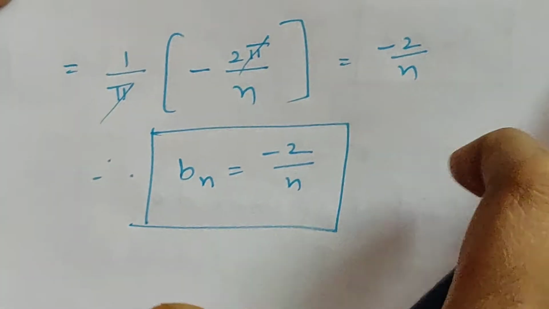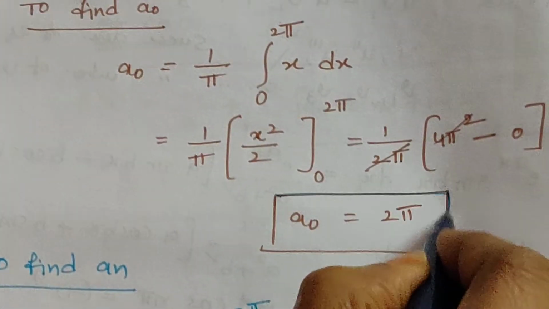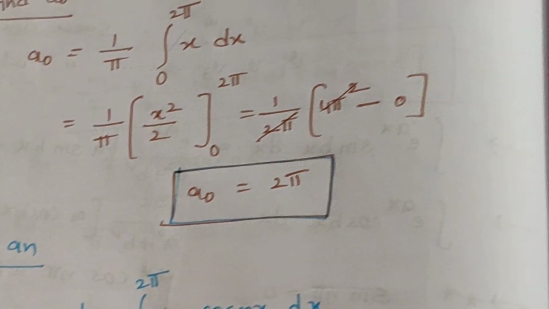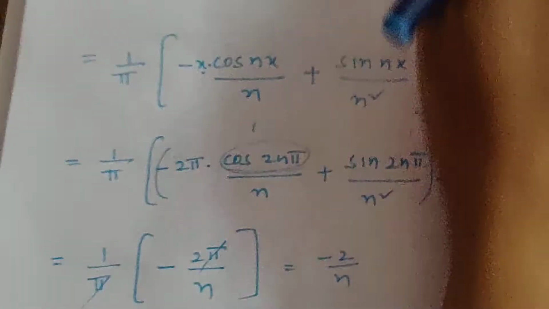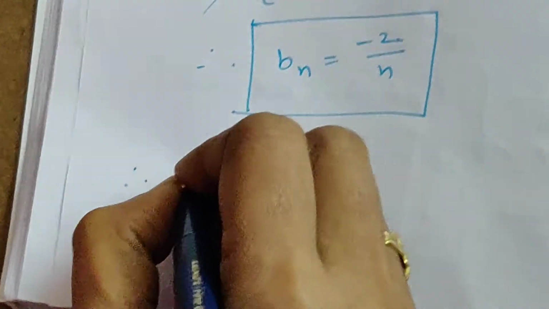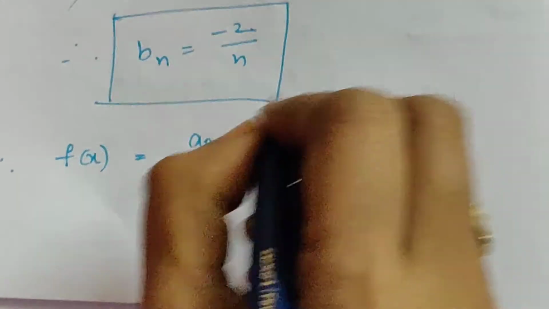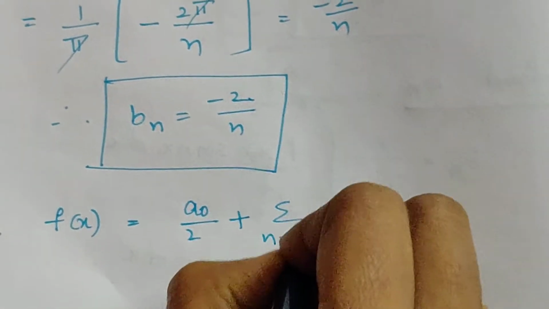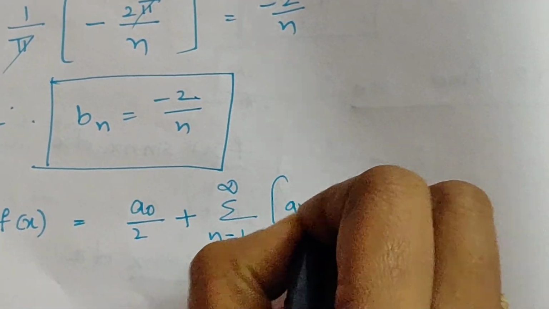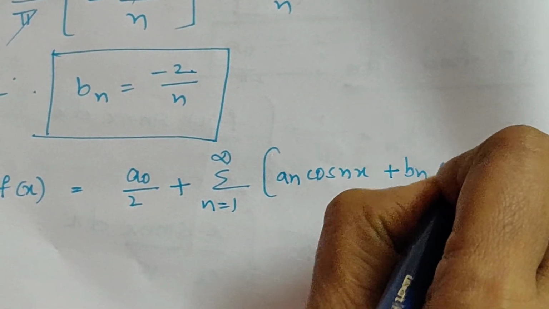We got from the problem a naught equal to 2π, an equal to 0, and bn equal to minus 2 by n. Therefore the Fourier series expansion for the function f of x is a naught by 2 plus sigma n equal to 1 to infinity of an cos nx plus bn sin nx.